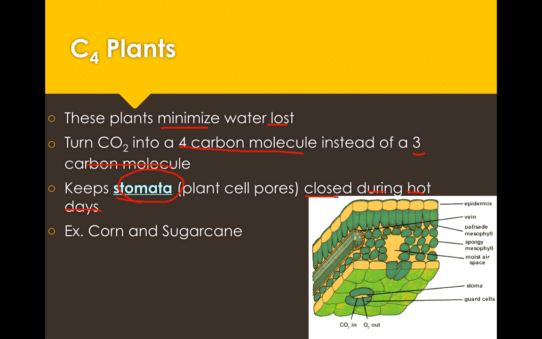They can still be undergoing photosynthesis because they have that 4-carbon molecule, which they can use at other times. An example of that is corn and sugarcane.